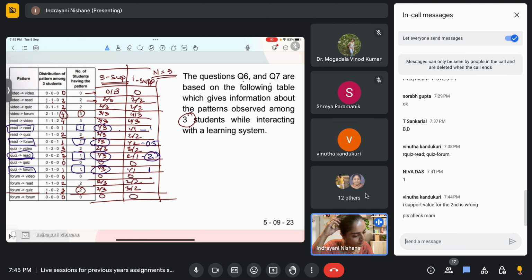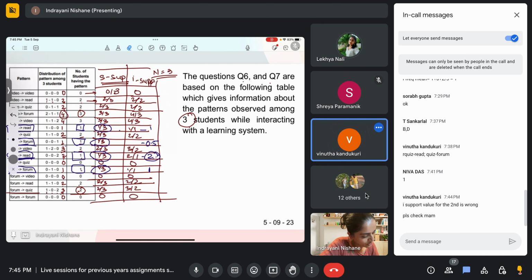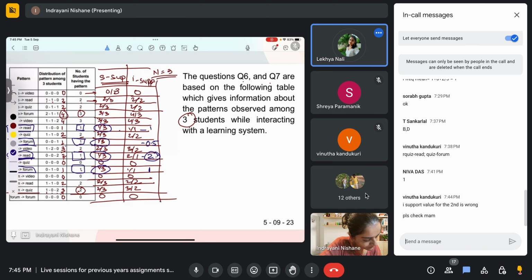Yeah, read forum. Okay, read forum. Oh, okay. Yeah, 1 by 2. It should be 1 by 1, right? Yeah, 1 by 1. Wait, I have to undo.